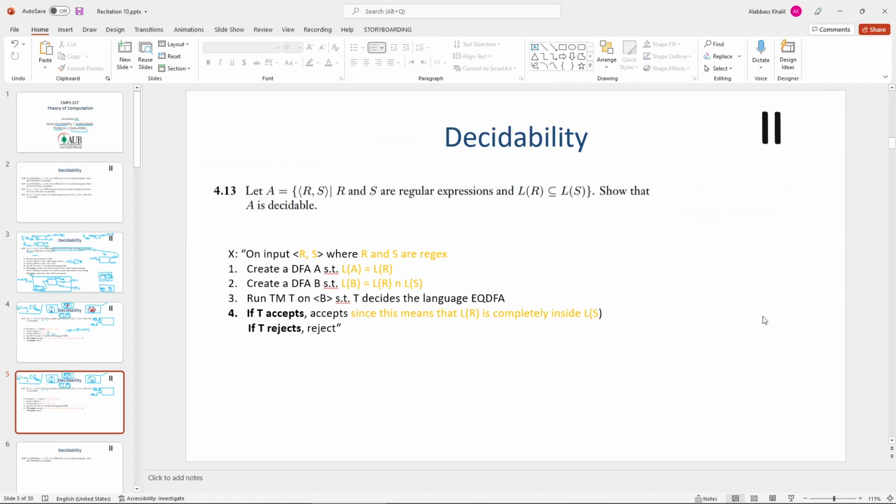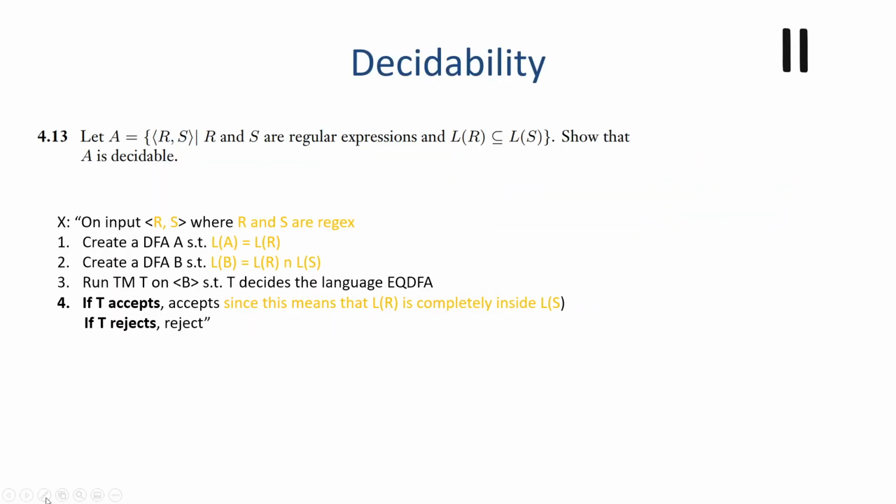I really wish I didn't do that, because now I'm going to have to draw some things again. Actually, we'll just draw the case that we care about first. So this time it's using EDFA. So the new idea.